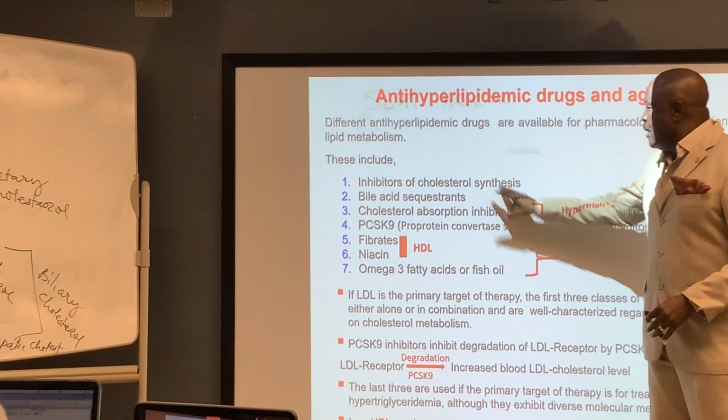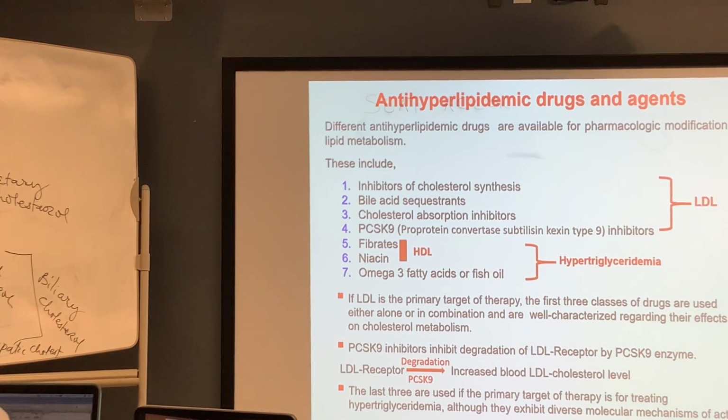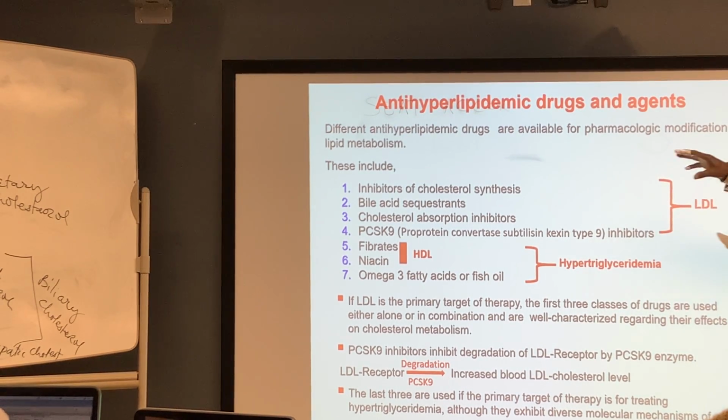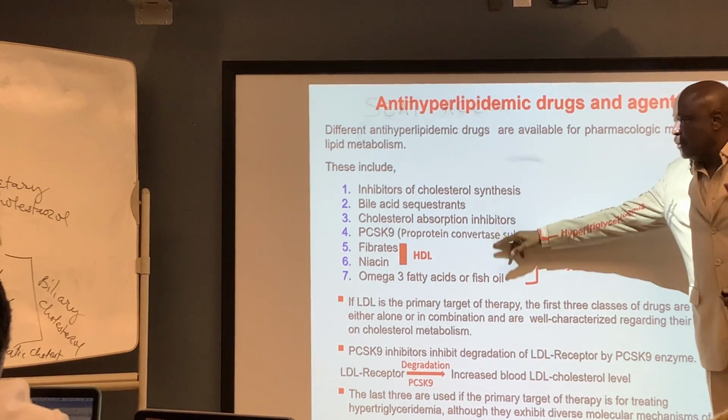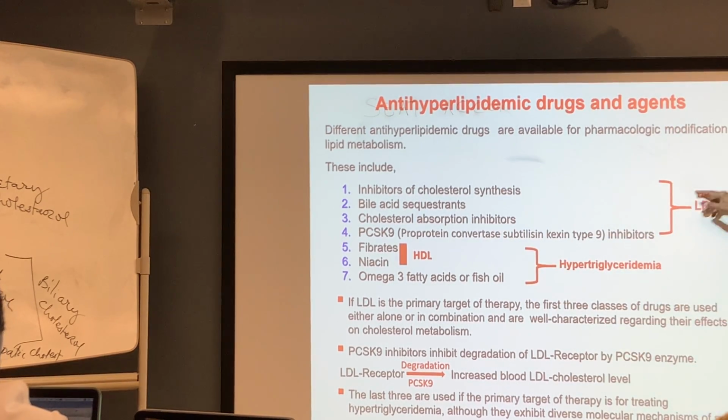So now, because we have different lipoproteins, each of them has a primary action on some of them. Of course, you're not going to end up with a situation where one group is focused on one particular lipoprotein, but they will have greater effect on certain lipoproteins. For example, these 4 groups act more on the LDL.